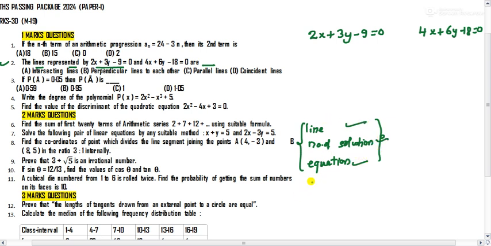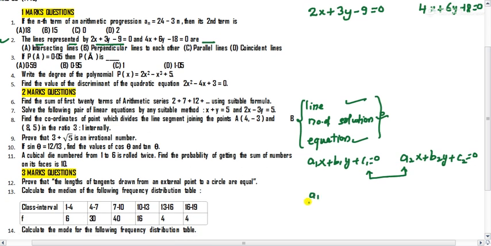See, you know the equations a1x plus b1y plus c1 equals 0 and a2x plus b2y plus c2 equals 0. These are a pair of linear equations. Now we have this relation: a1 by a2, b1 by b2 and c1 by c2, right?